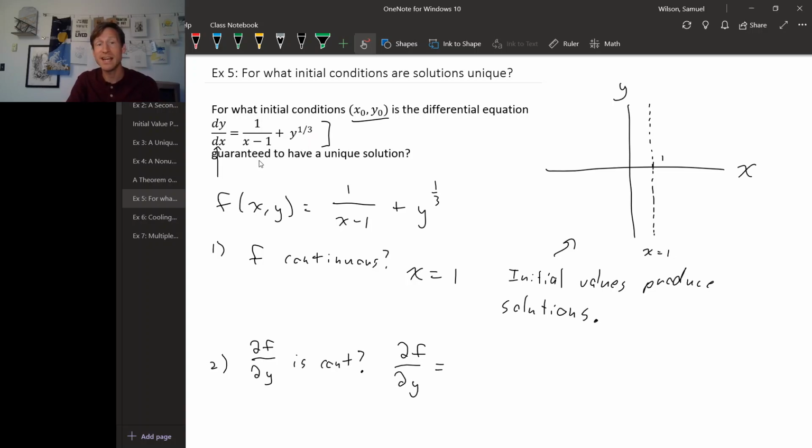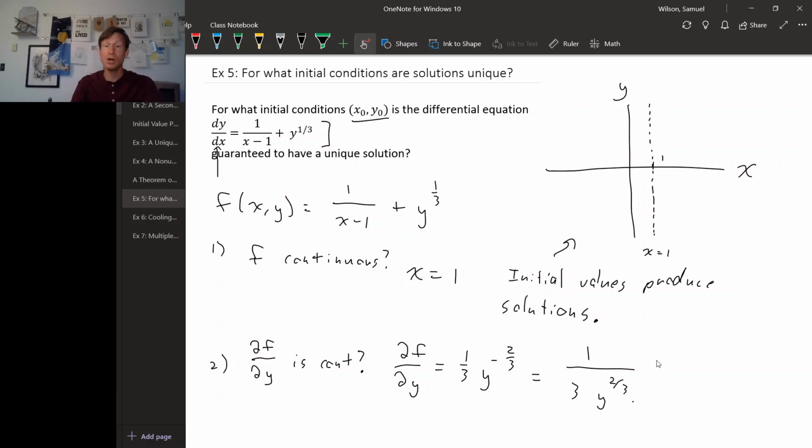Since we're treating x like a constant, this first term, which only has x's in it, just goes away when you take a derivative with respect to y. And then for the second term, y to the 1/3, you can just use the power rule. So you get 1/3 y to the negative 2/3. Rewriting this a little bit, that's 1 over 3 times y to the 2/3.